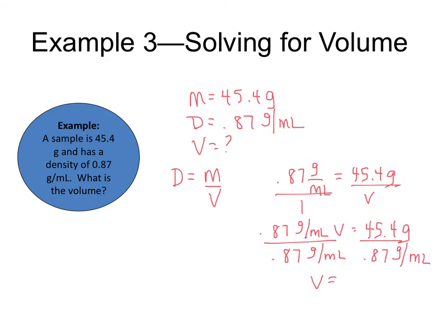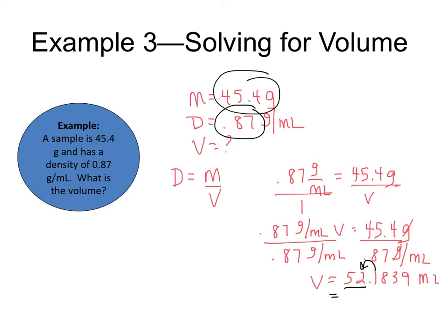That will give me a volume of 52.1839. Notice that the grams cancel out and leave me with milliliters. If I go back and I look at my starting substances, 2 is the smallest number of sig figs, so I'm really going to go to the second significant digit. That 1 is not large enough, and so 52 milliliters is going to be my answer.